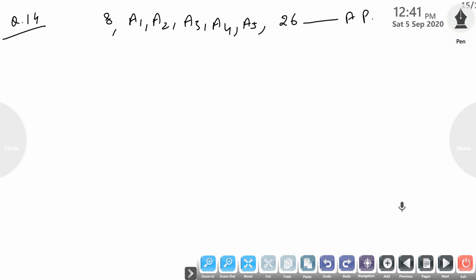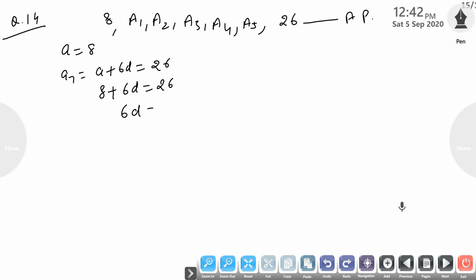These all numbers are in AP. If these are in AP, then our first term a is equal to 8, and our seventh term A7 is equal to a plus 6d, and this is equal to 26. Now put the value of a: 8 plus 6d equal to 26, so 6d equal to 26 minus 8, that is 18. Then d equal to 3.